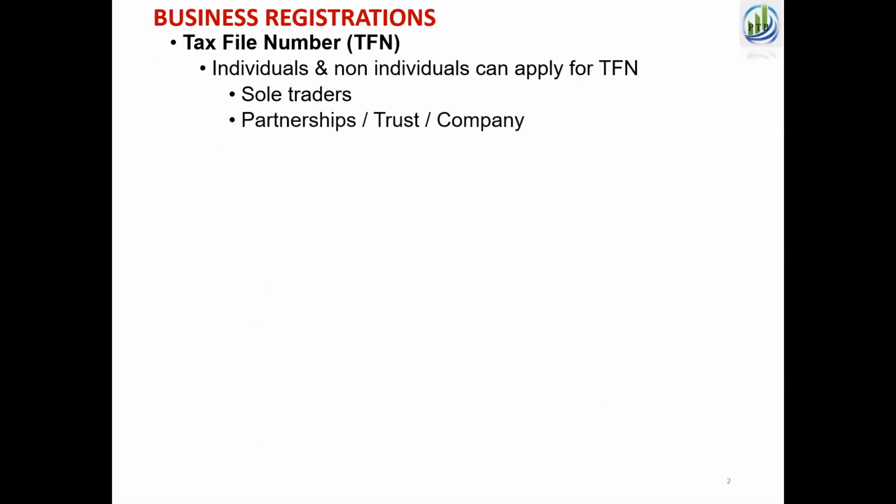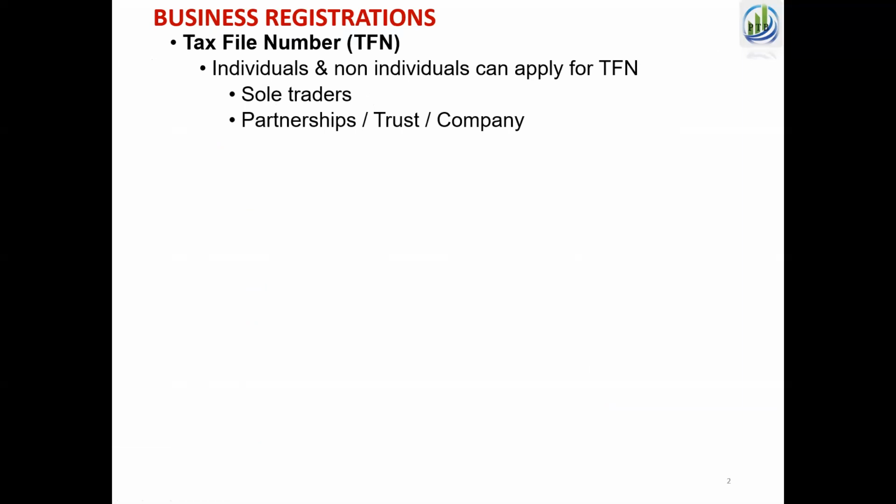However, a partnership is required to have a separate tax file number. A partnership is not going to pay tax; partnership tax will not be assessed. It means the partnership does not pay the tax. However, for compliance purposes, you must report your partnership tax return to the ATO.